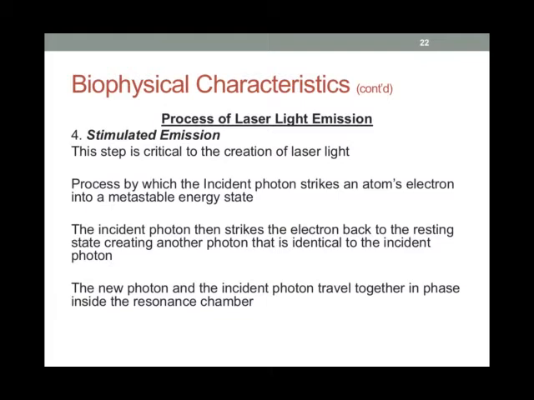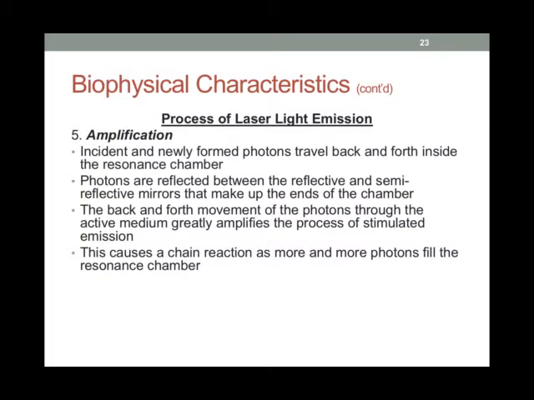So now the new photon and the incident photon are both traveling together in phase, so at the same time, same direction, at the same wavelength, and they're both traveling inside that resonance chamber. Okay, as you get more photons hitting more electrons, releasing more photons, that is self-perpetuating.